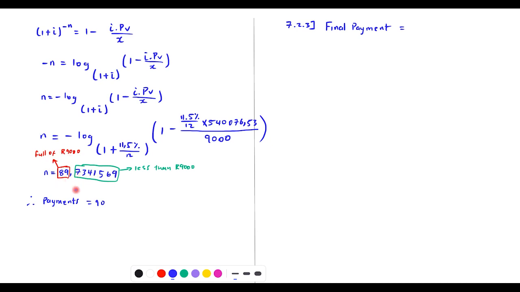Let me just write it here. That's the 0.7341569 type of a payment. So that is the one that we're going to be calculating here. So this is going to be the outstanding one.